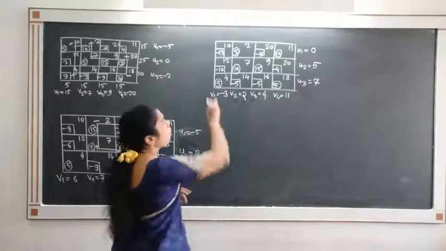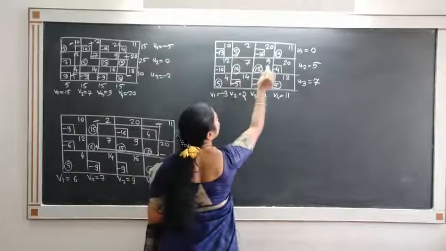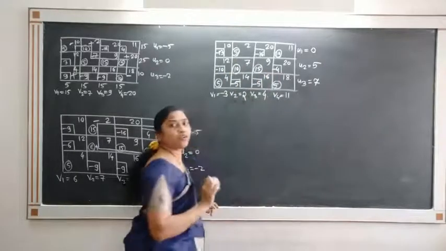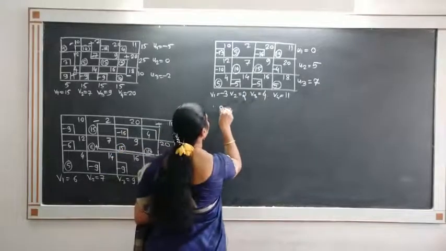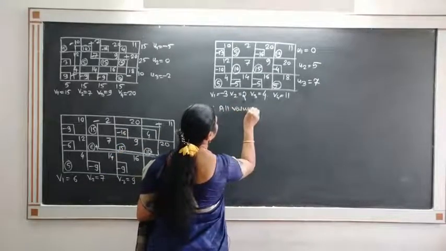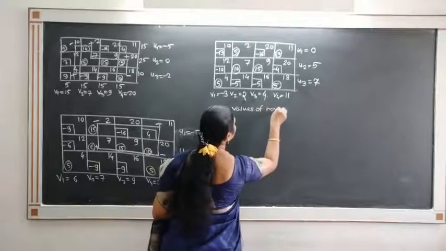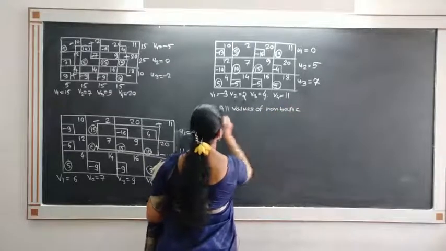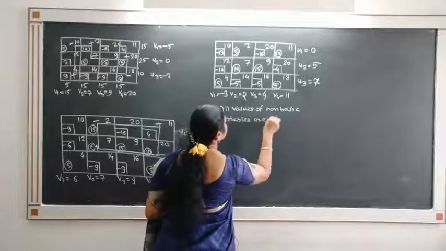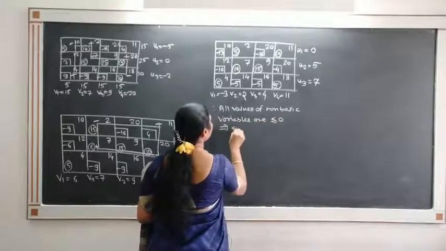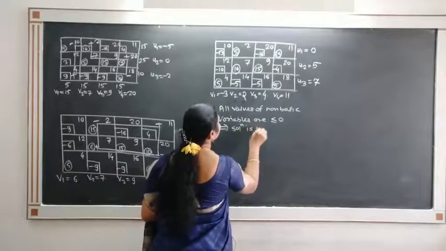Observe that all these values of non-basic variables are less than or equal to 0, which means that the solution is optimal. Therefore, all values of non-basic variables are less than or equal to 0, implies that the solution is optimal.